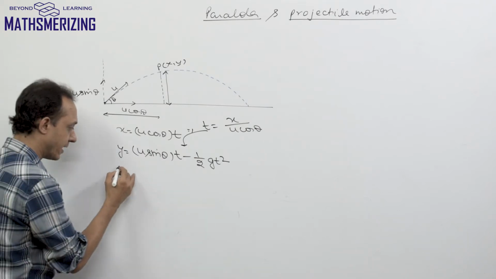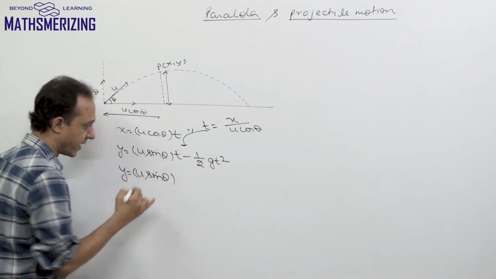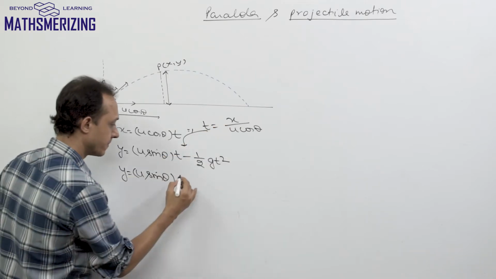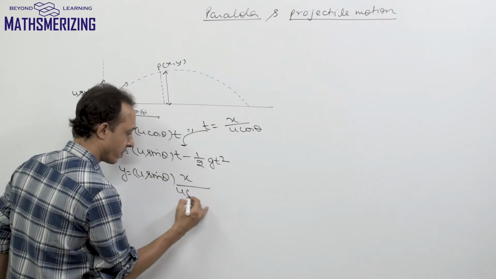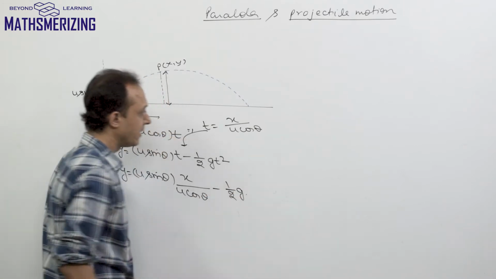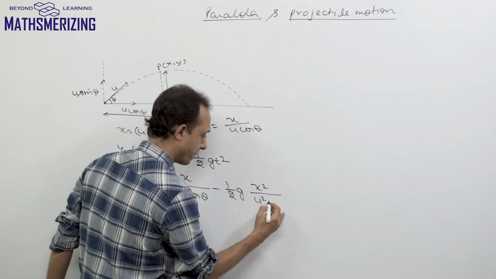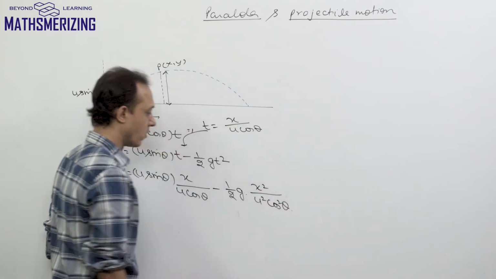So I'll write y equals u sin theta times t, and t here is x upon u cos theta, minus 1 by 2 g, and t square will be x square upon u square cos square theta.